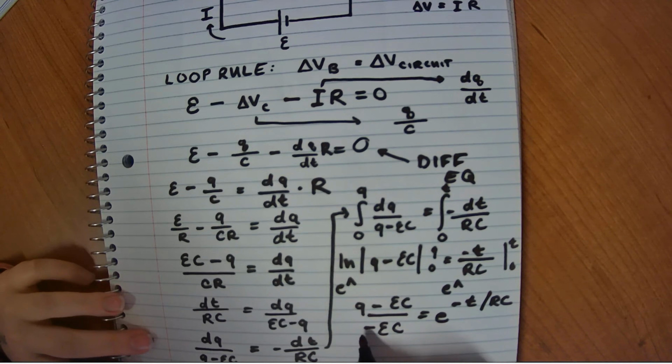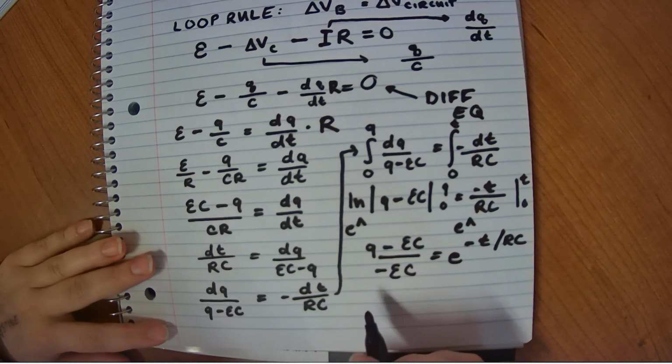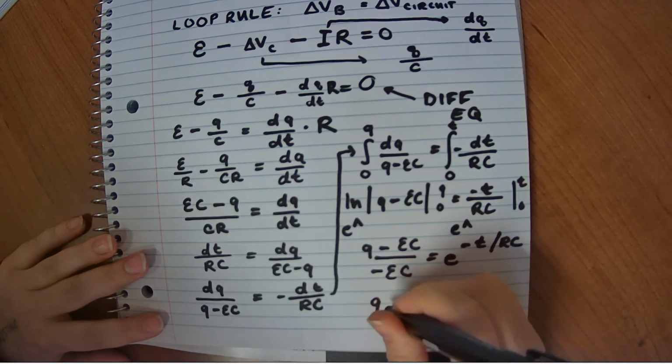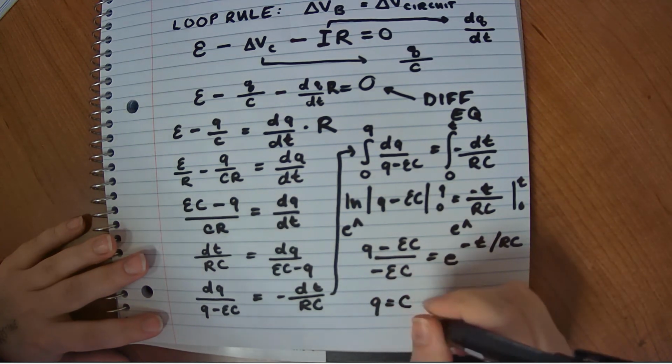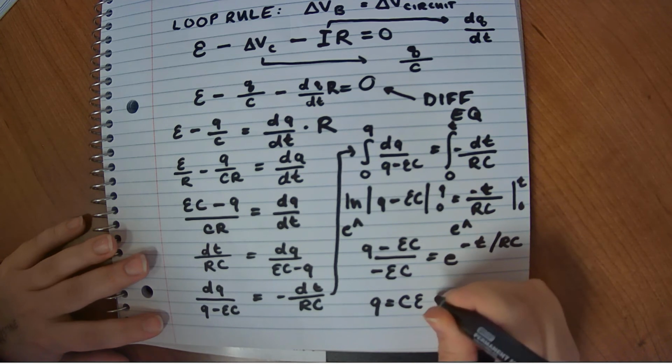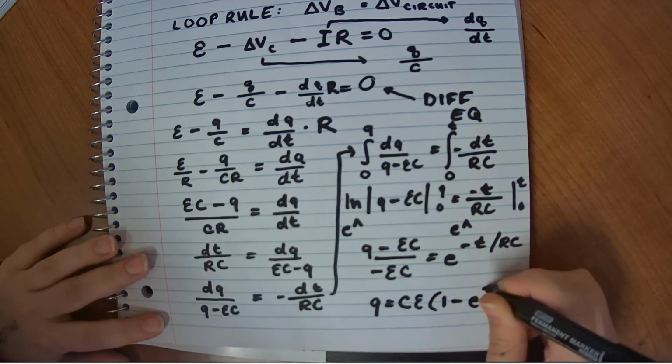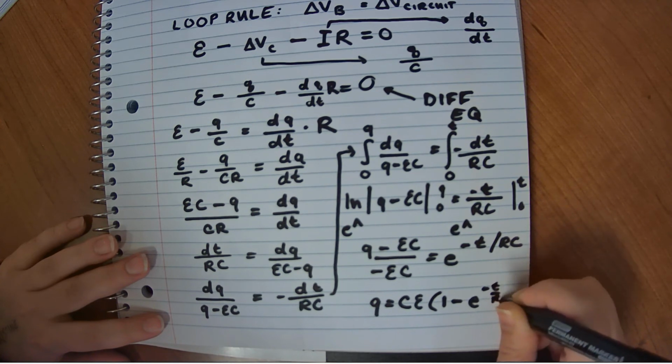And then we can solve this for q. What we end up getting is q is equal to C EMF times 1 minus e to the negative t over RC.